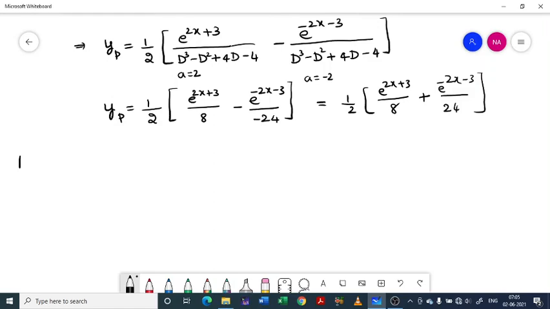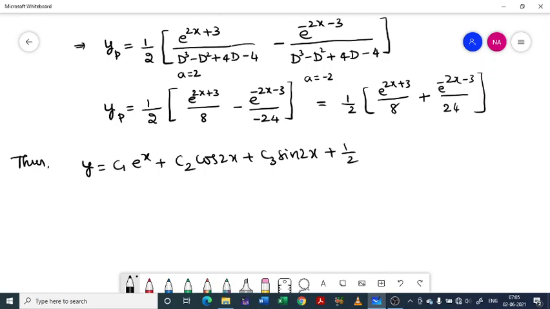Thus y equal to c1 e power x plus, e power 0 is constant, right, c2 cos 2x plus c3 sin 2x plus 1 by 2 into e power 2x plus 3 by 8 plus e power minus 2x minus 3 divided by 24.